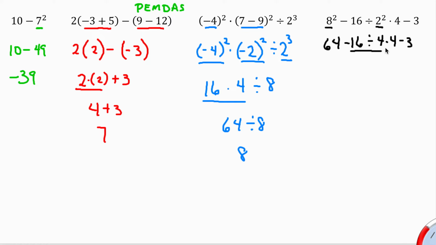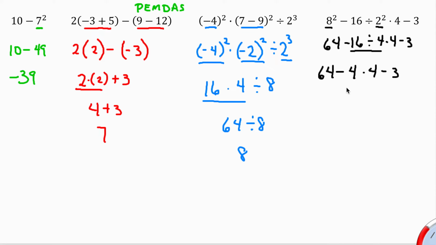There's a division before a multiplication. Multiplication and division are hooked together. You do them in the order that they occur. So this is a minus 16 divided by 4, which is 4. And then times 4 minus 3. Everything else, except for the little piece that you did, stays the same.